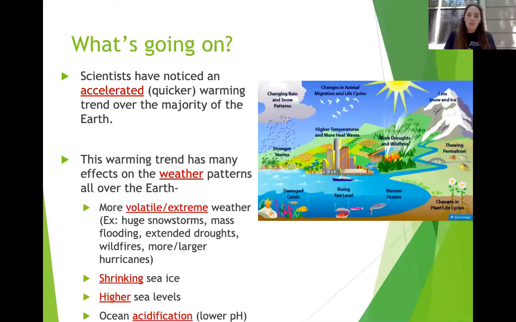So with that climate change, because of excess carbon dioxide, we can track the trend since the Industrial Revolution. Lots of things have been happening. Weather patterns are changing. Ice is shrinking, and we'll talk about ice when we do our polar ecosystems. We're getting higher sea levels, which have an impact on our coastal areas, and again, the ocean acidification.